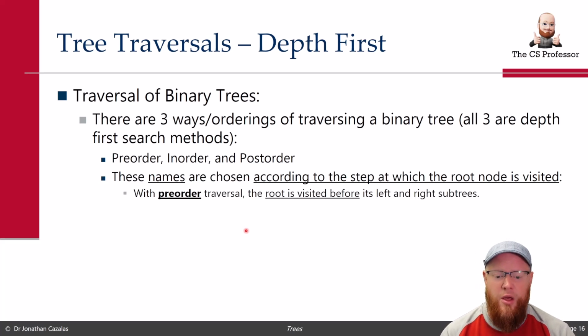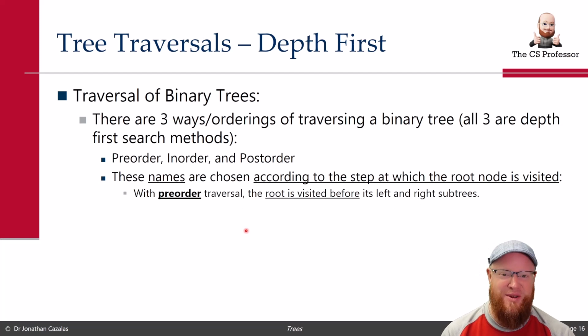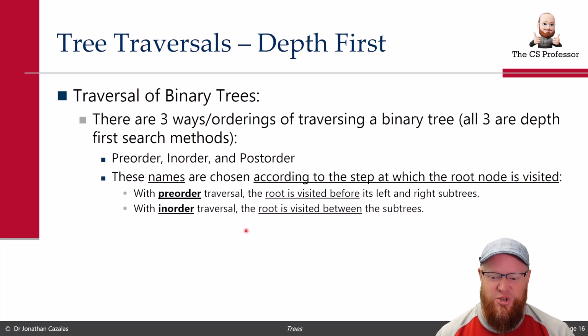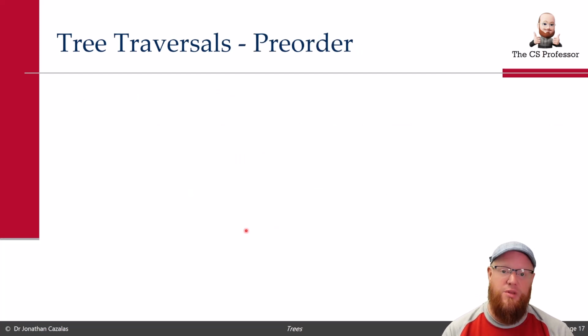With pre-order, the root is visited before the left and right subtrees, for the word pre. For in-order traversals, the root is visited between those two subtrees. And for post-order traversal, the root is visited after visiting both subtrees. That's a lot. We're going to go over detailed examples. It's going to be super clear.